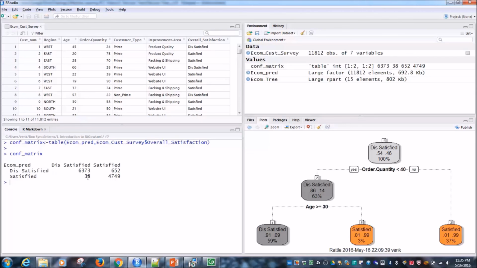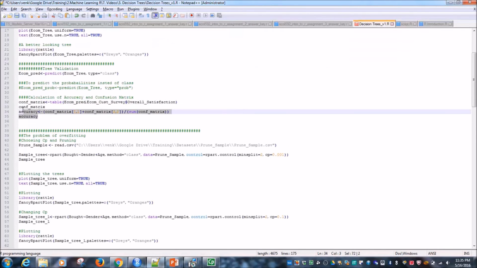So our misclassification error is 652 plus 38 occasions in total, and the accuracy looks really high compared to the errors that we are making. So let us calculate the accuracy.